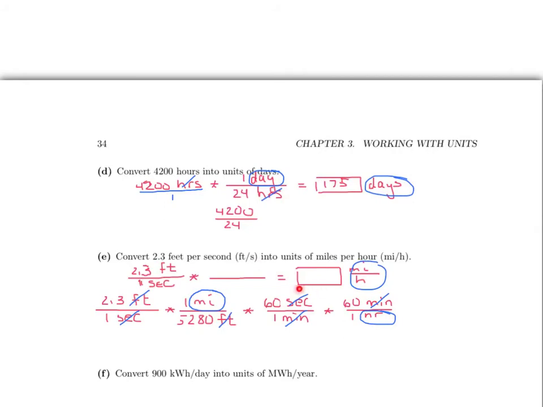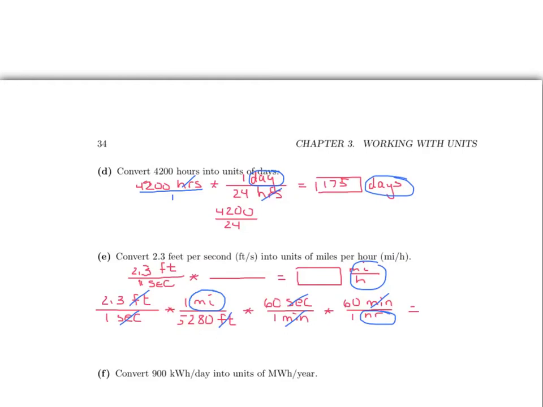So multiplying by these three conversion factors gives us this needed conversion factor here. So this fraction right here is actually the product of these three fractions together. So let's finish this off. We need to actually convert the numerical value.